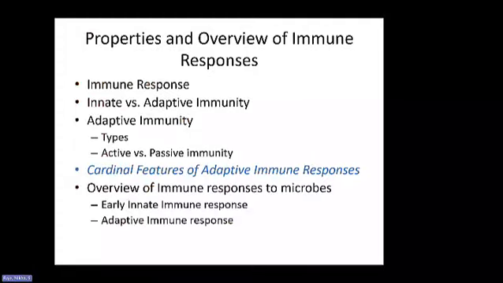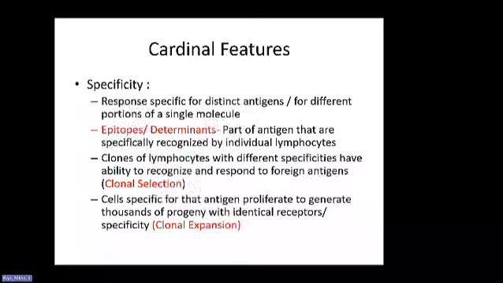All right. Now let's talk about the cardinal features of adaptive immune responses. We looked at that chart that gave those cardinal features or characteristics, and we are going to go into the details of what exactly each of these means. The first one is specificity. The response has to be specific to a particular antigen.